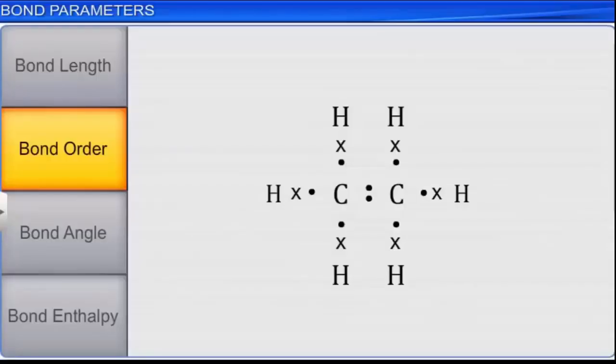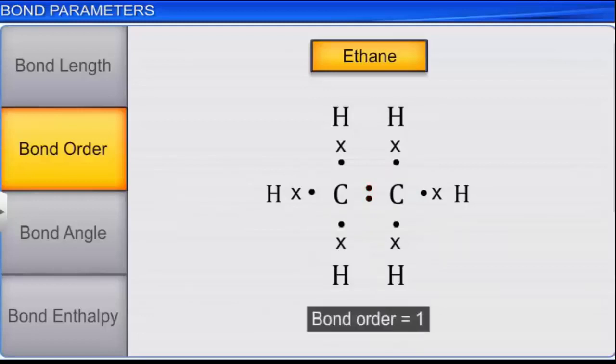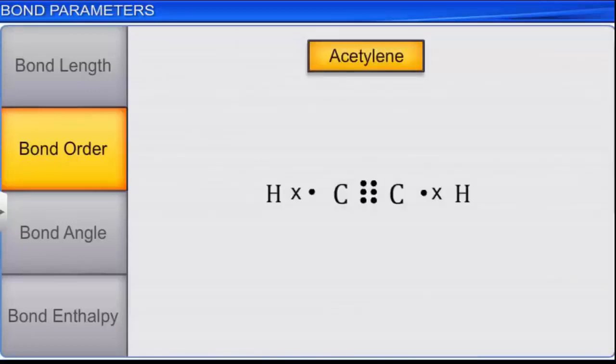Bond orders can be calculated from Lewis structures. For example, in ethane, two carbon atoms share one pair of electrons. Therefore, the bond order is said to be 1. In ethylene, two carbon atoms share two pairs of electrons. Therefore, the bond order is said to be 2. And in acetylene, two carbon atoms share 3 pairs of electrons.